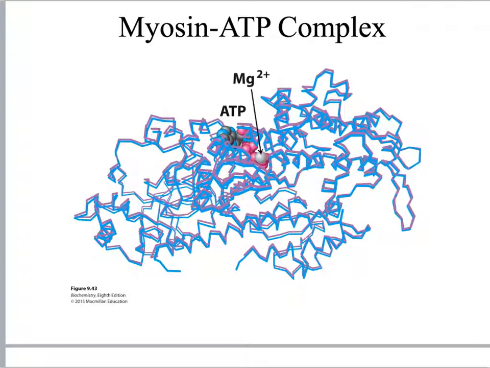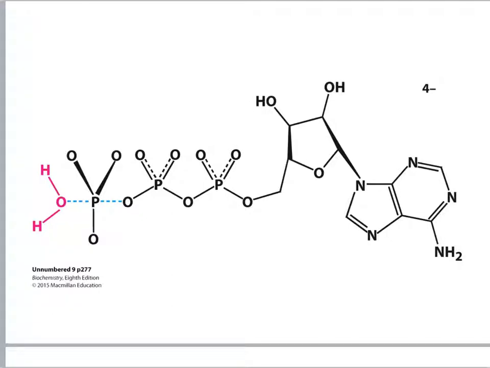This is showing the complex. We have our myosin, our enzyme there, and that magnesium plays a role in that pocket with that enzyme. Our ATP will come in. We'll be able to, because of the interaction that's taking place within that pocket, cleave off one of those phosphate groups and form that ADP. So here, this is just kind of showing what's going on with that ATP structure. Again, we're interacting with water. That's going to play a role here.